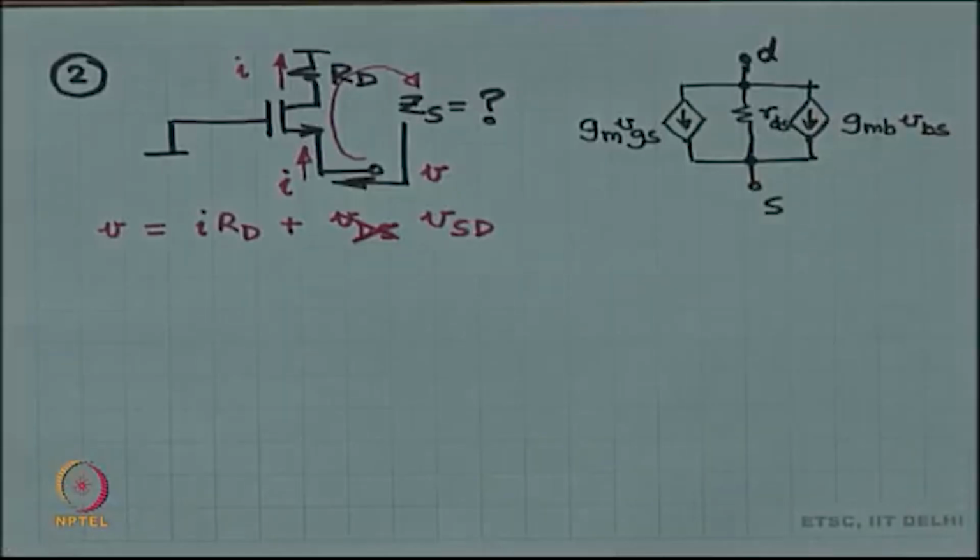There is RDS, there is GM times VGS and GMB times VBS.